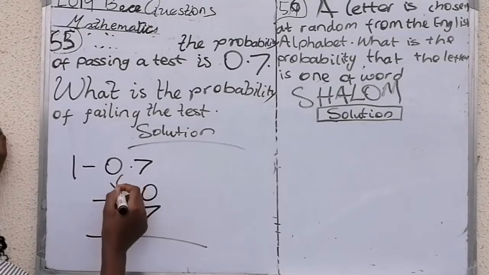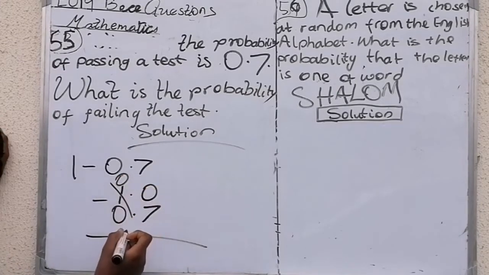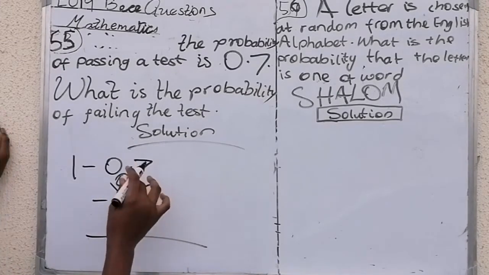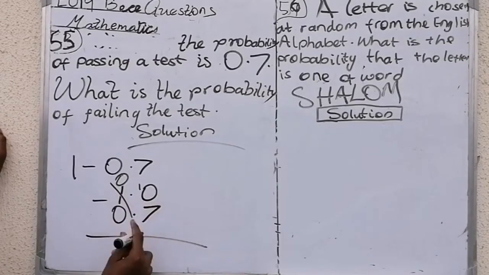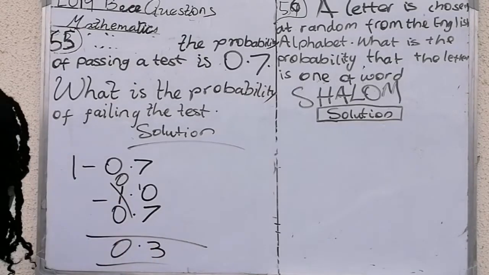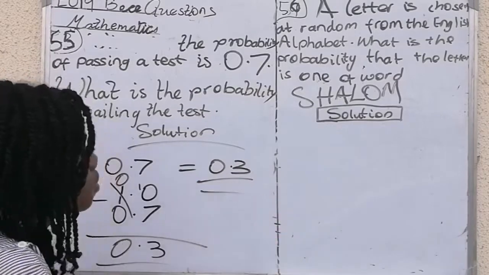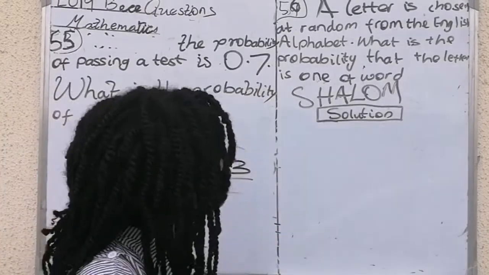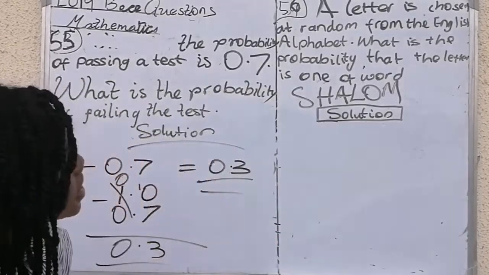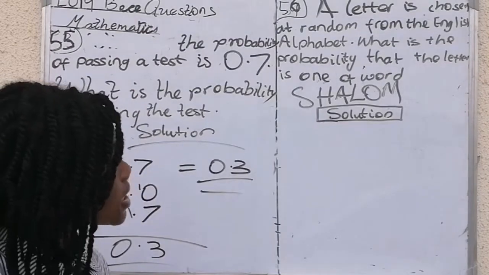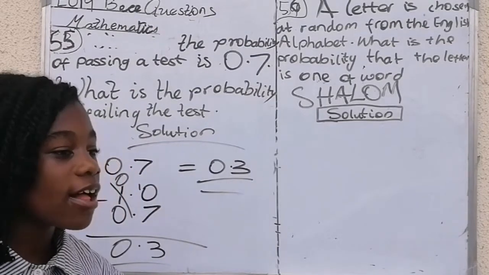So we borrow from here, making this 10. 10 minus 7 is 3, and 0 minus 0 is 0. So the answer is 0.3.